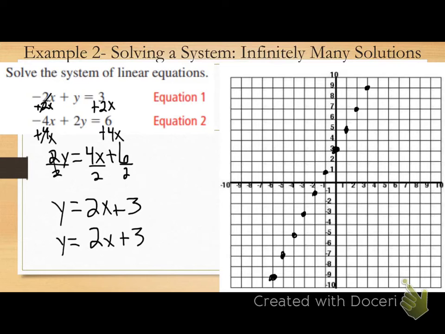So here's my first equation. And then if I graph my second equation, it's just going to be right on top of it, correct?